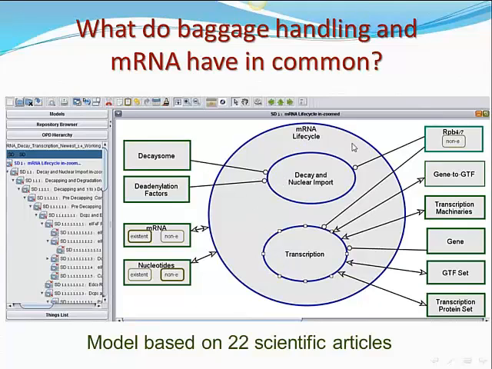This is a relatively high-level view. You see the mRNA life cycle, which consists of two sub-processes, decay and nuclear import and transcription, and you can see all the objects at high level that are involved in it. It doesn't mean a lot to most of us who are not biologists, but biologists know very well each object in each process here.